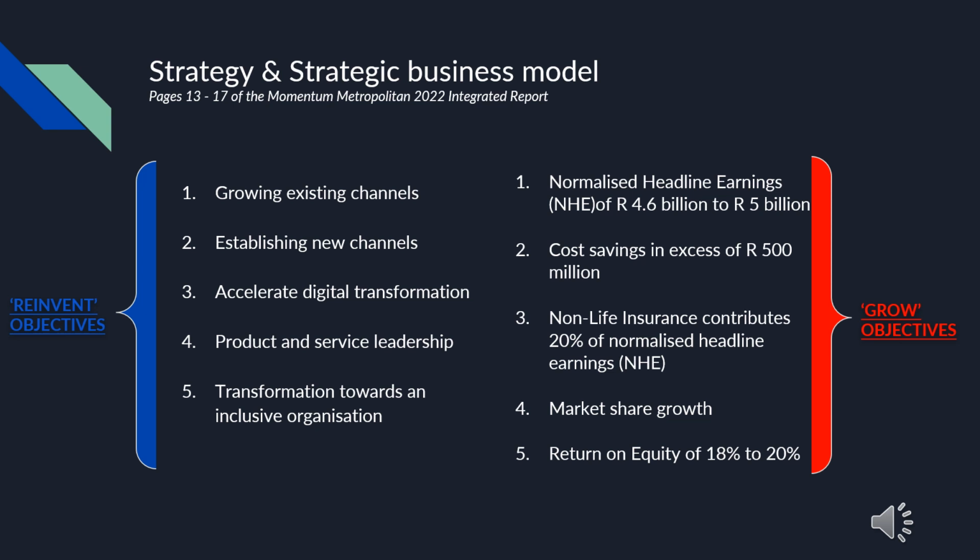The company also aims to increase its non-life insurance contribution to 20% of normalized headline earnings. Number 4 relates to the aim to increase its market share growth, anywhere from 1% to 6%. And the company also aims to increase its return on equity to 20% from 18%.